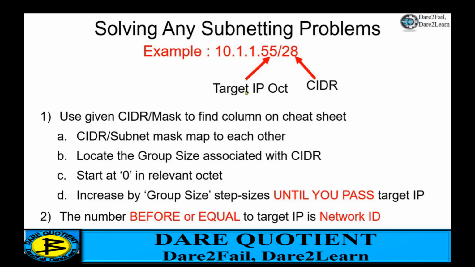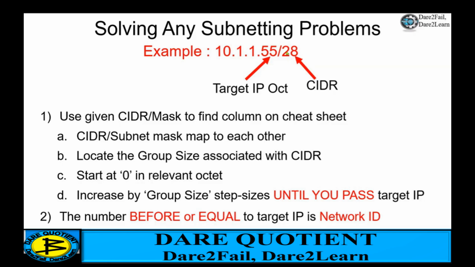Once you have your /28, looking at your cheat sheet, that falls in the 4th octet. So you can associate your target IP octet to that particular octet.